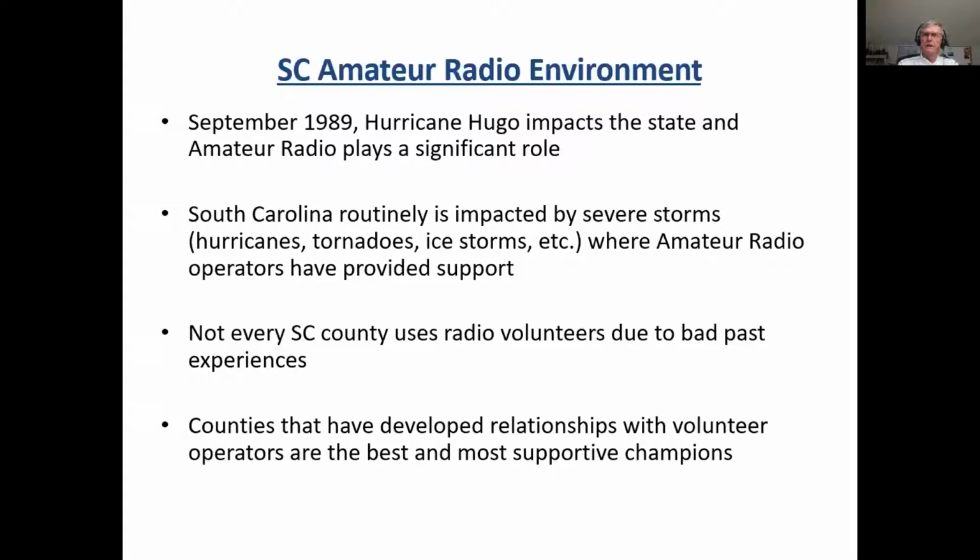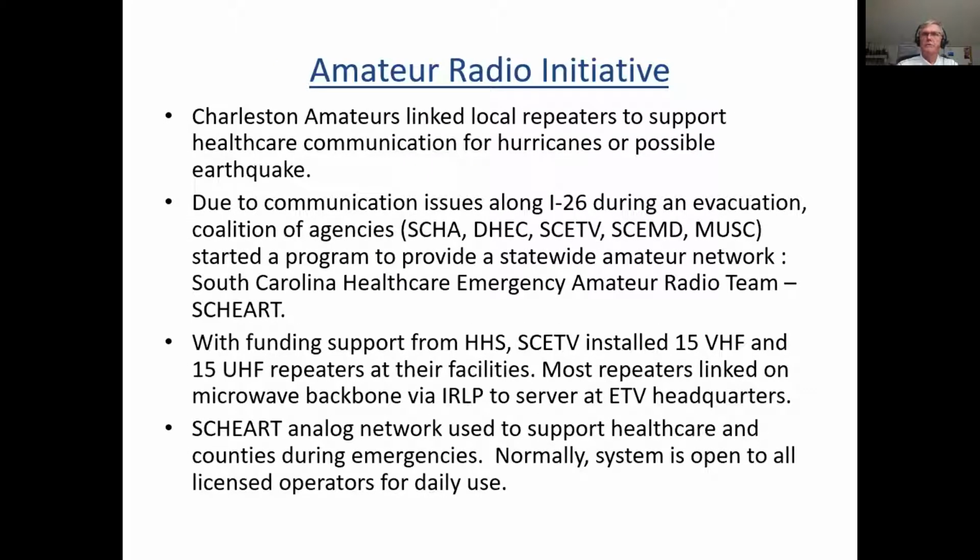However, the counties that have developed relationships with their amateur operators are the best and most supportive champions we have out there. If you ever get them in the meetings, they will tell you how great it is to have a backup amateur radio system.